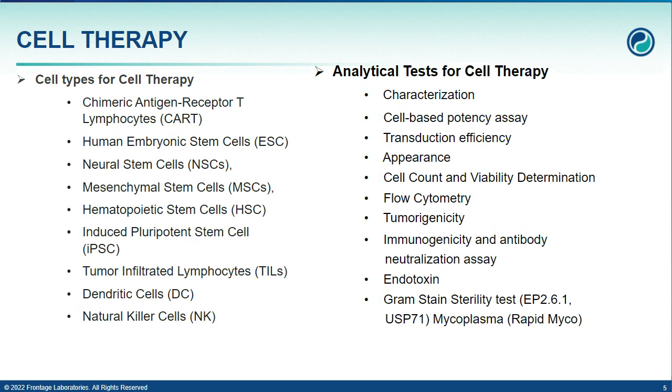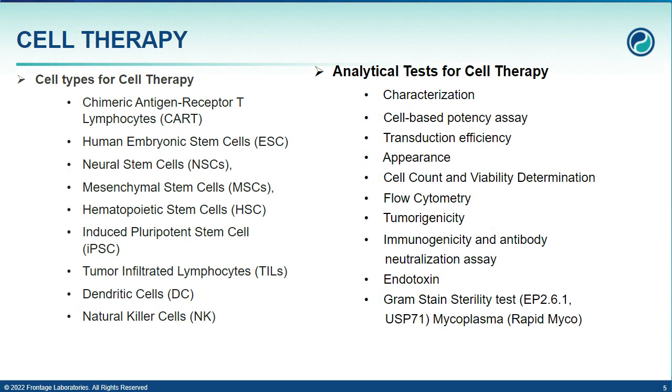Some investigators also invested in induced pluripotent stem cells, iPSC, and tumor-infiltrating lymphocytes, TILs, and dendritic cells and natural killer cells, which are called NK cells.